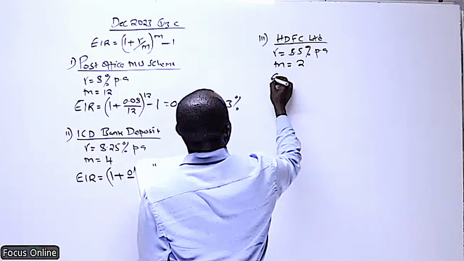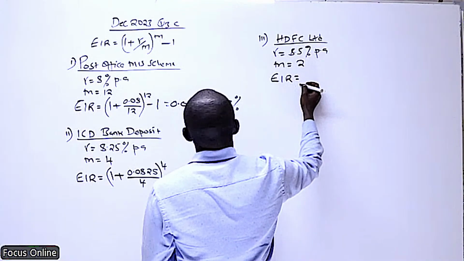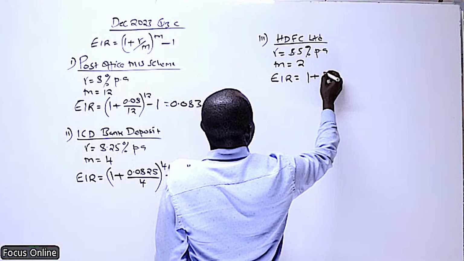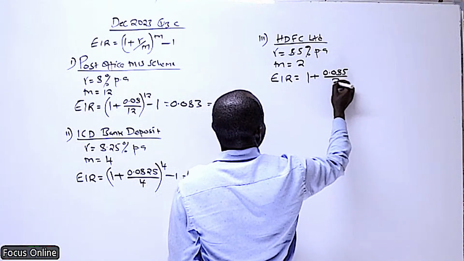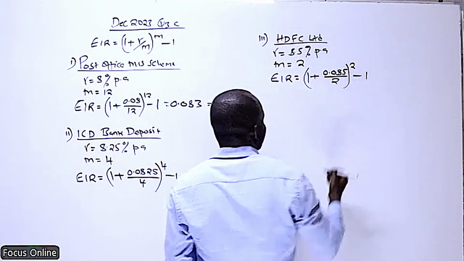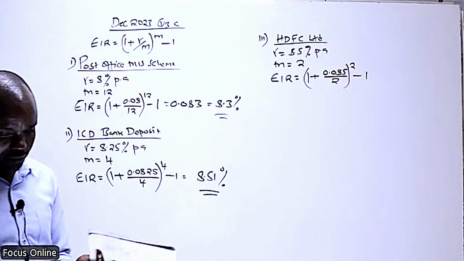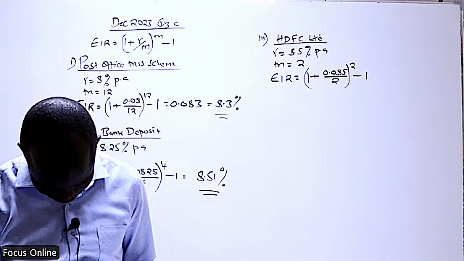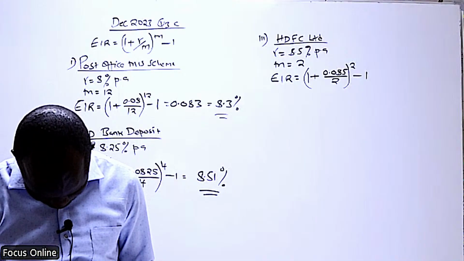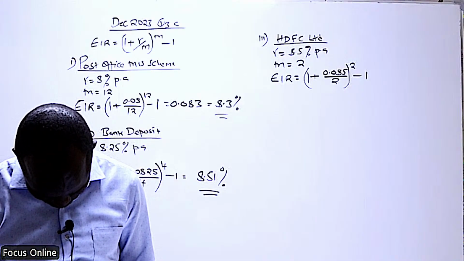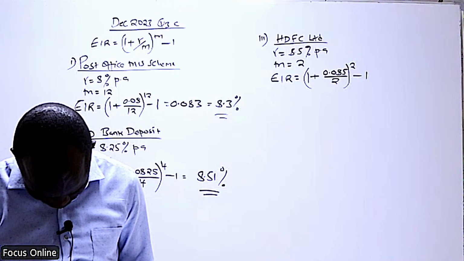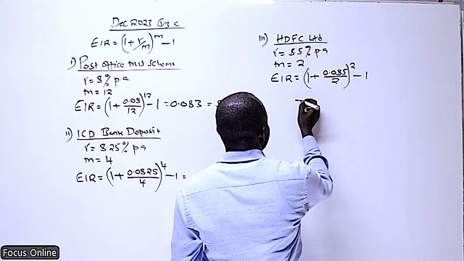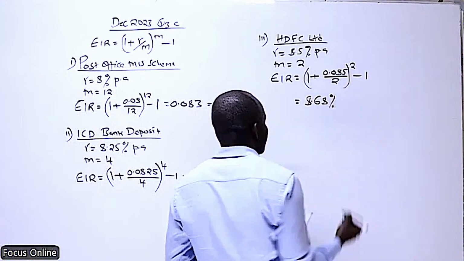So M is 2, and then effective interest rate is (1 plus 0.085 over 2) power 2, minus 1. That gives 8.68%.